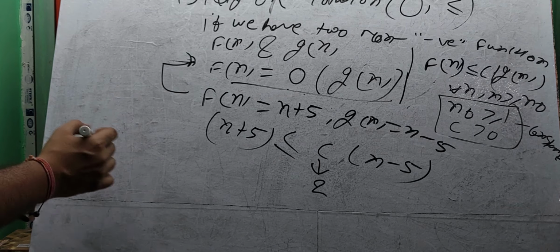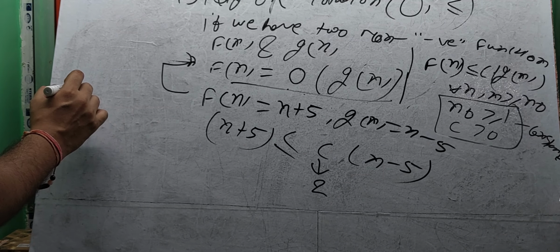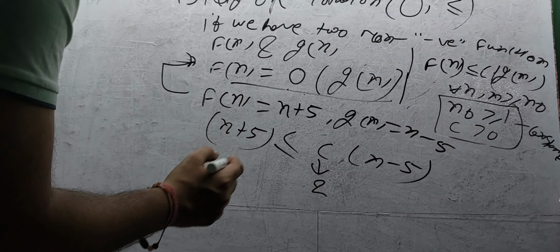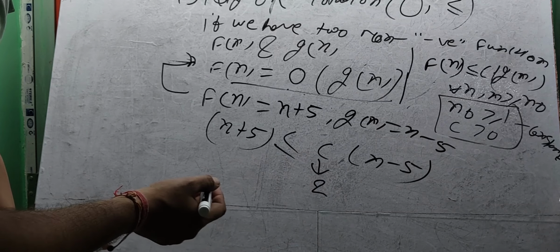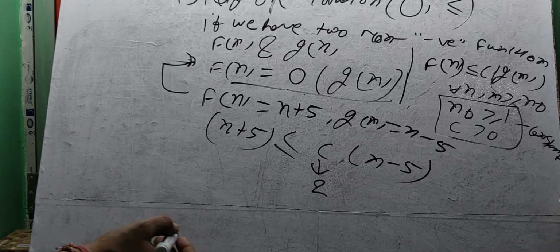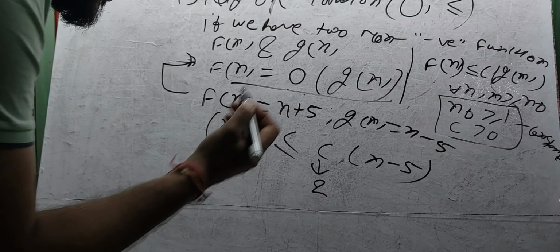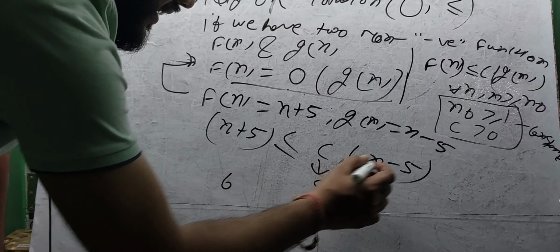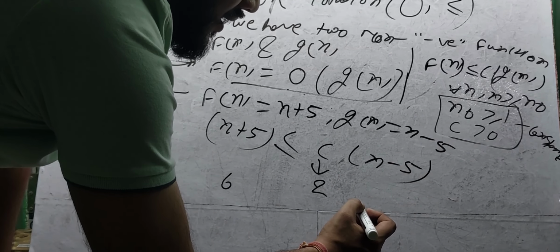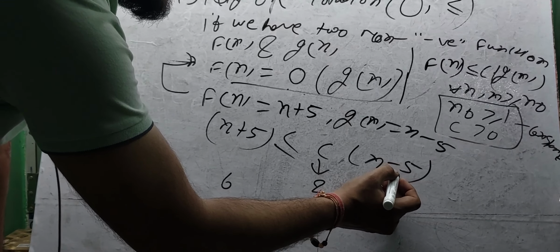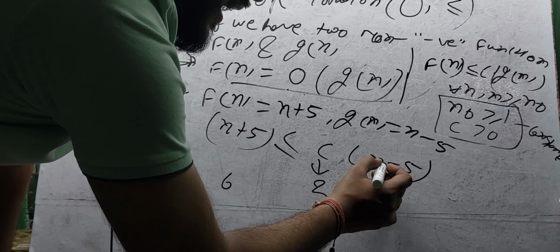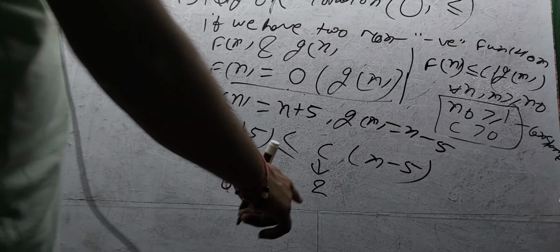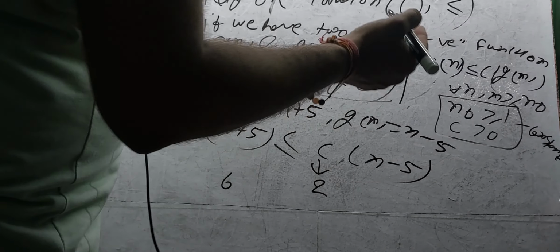Okay. Now let's try to make it. We don't need a table here; in the previous 2 videos I created a table. If you need, you can create your own. I'm discussing directly here. If we take n value as 1, then n plus 5 will be 6 and n minus 5 will be 1 minus 5, that is minus 4, into 2, that is minus 8.